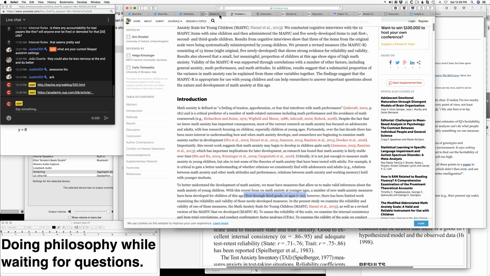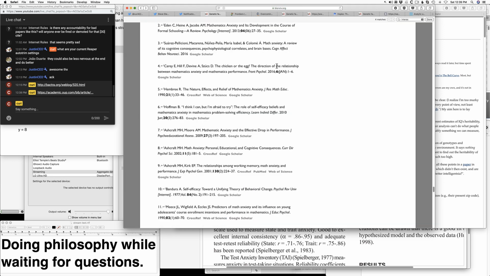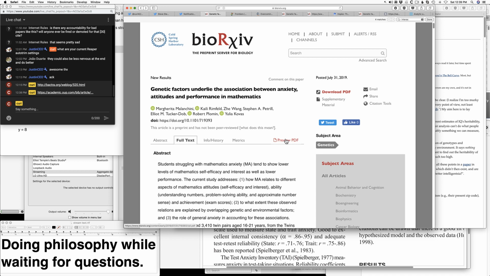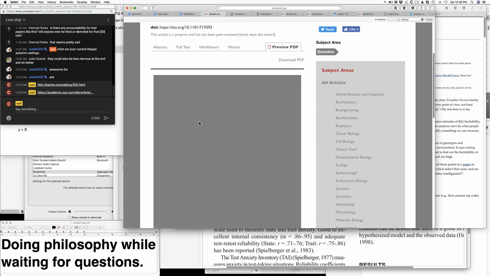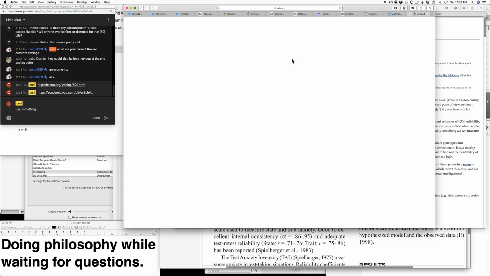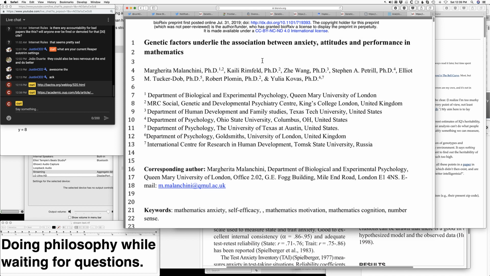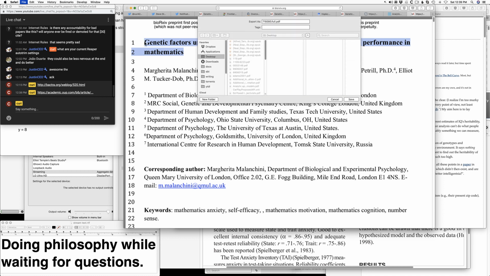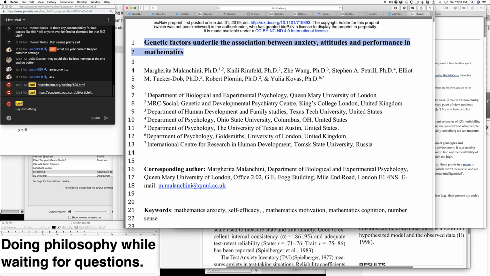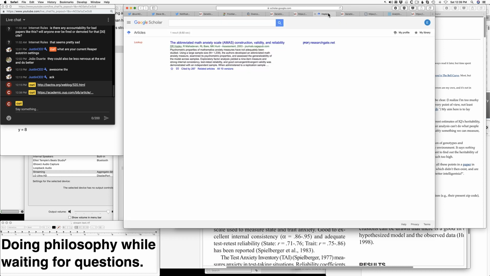And then this, I wanted to find the preview PDF. Download PDF. I want to save this. Okay, did I need to save anything else?